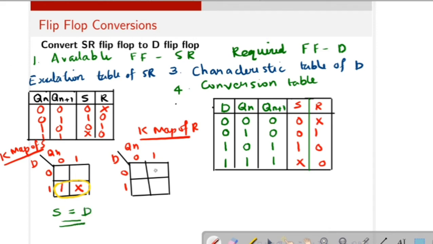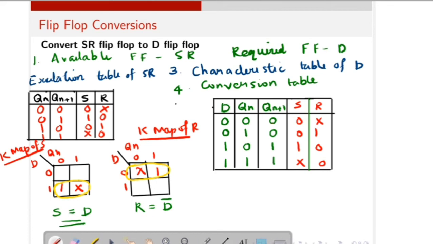Then next for R, don't care for 0 0 and 1 for 0 1. Okay, then we can group like this. Clear? Then the equation for R is equal to Qn cancelled, D bar, right?